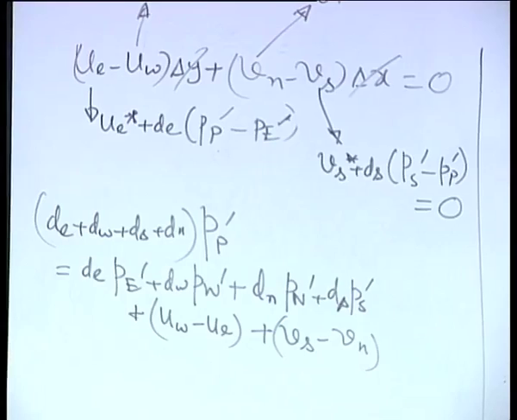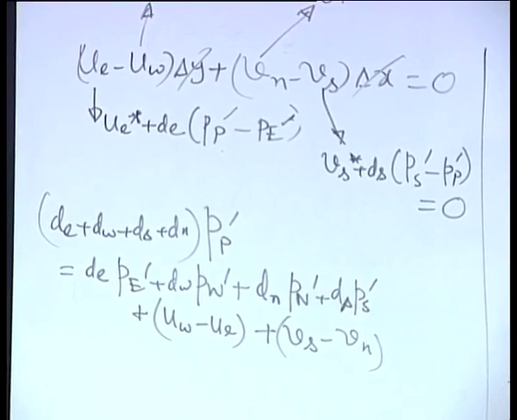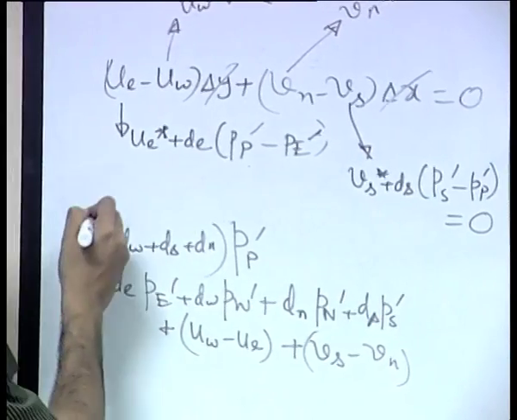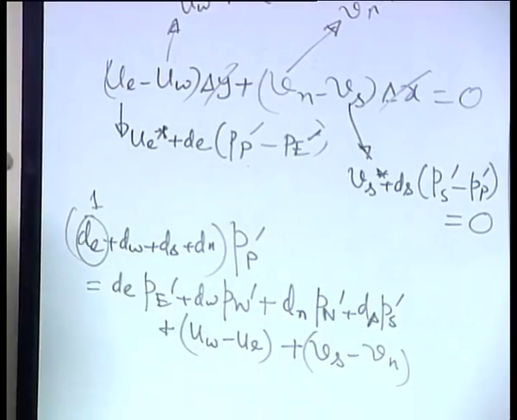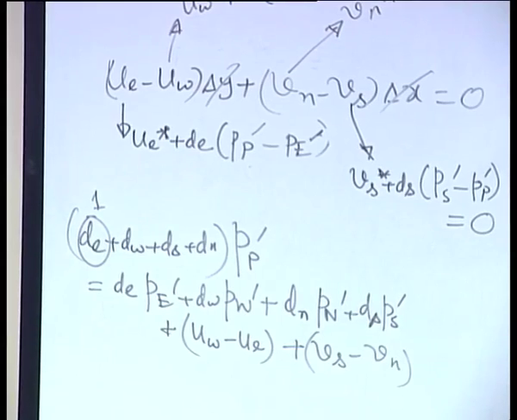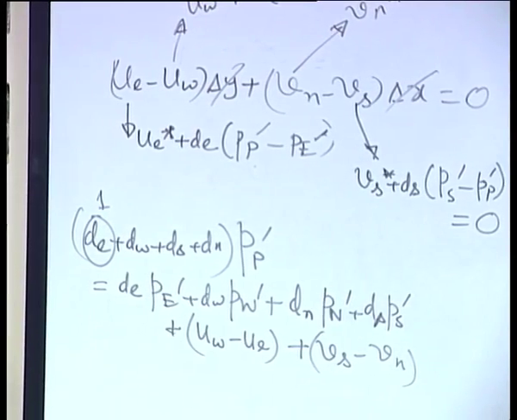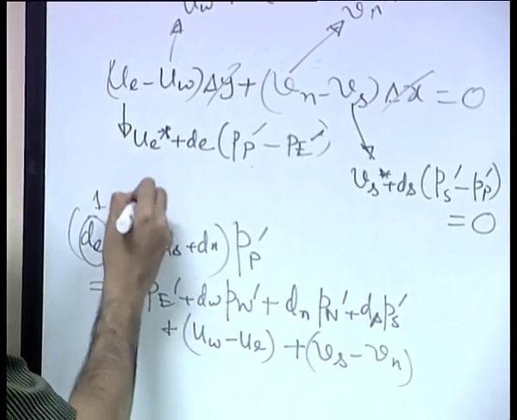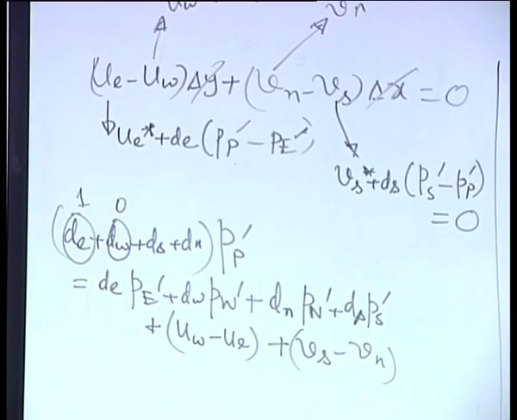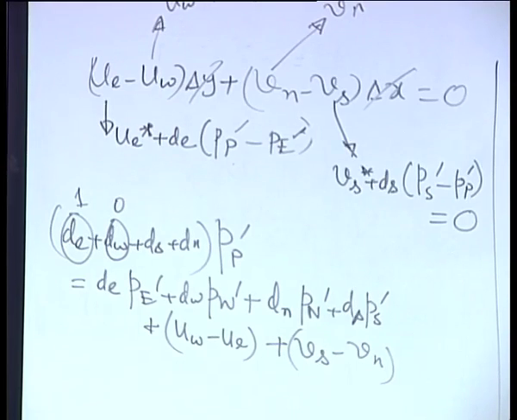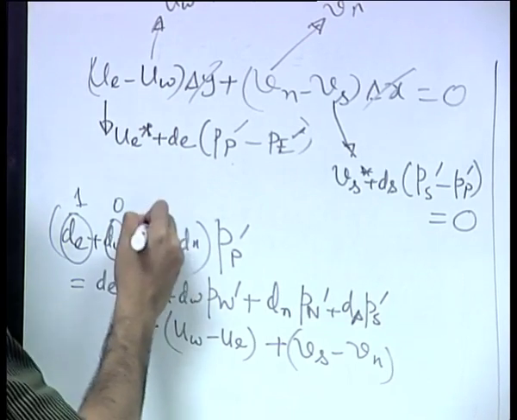So let us substitute these values now. What is dE? dE is equal to 1. What is dW? UW is given, so dW is 0. What is dS? Vs is given, so dS is 0.